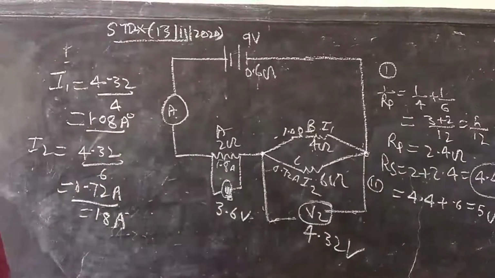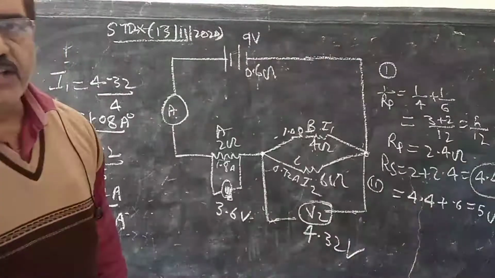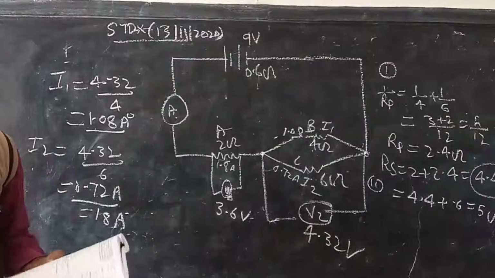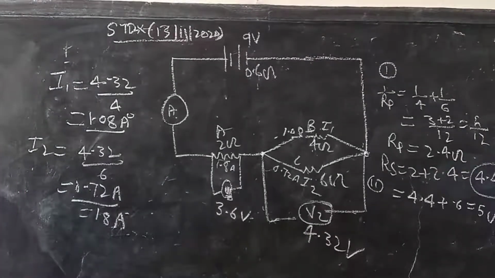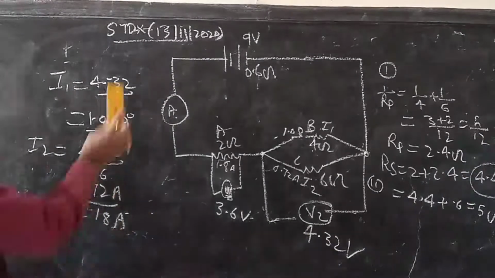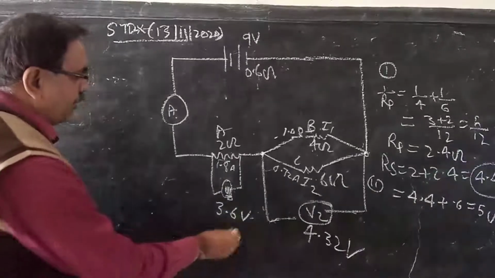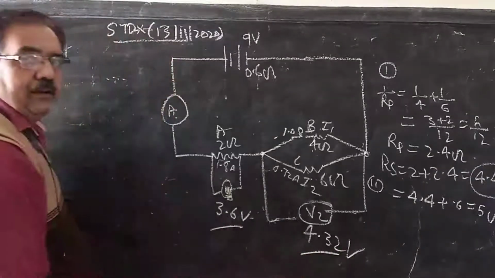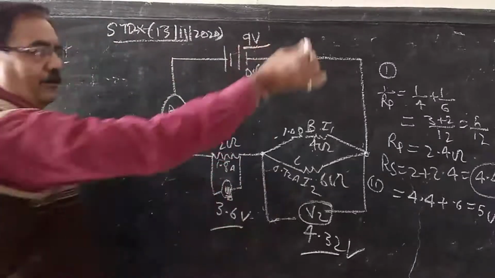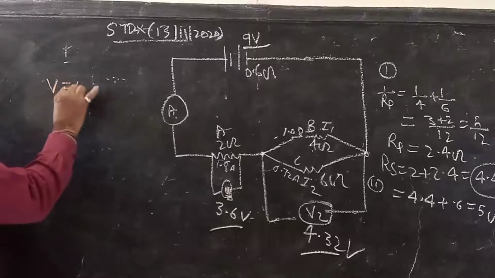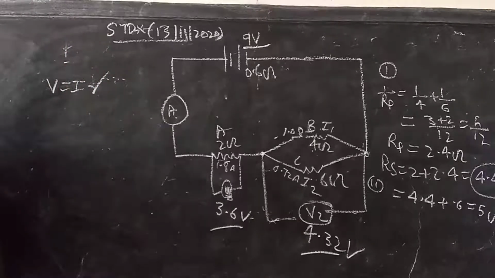Clear? Now the last question: when we use this cell, there is a drop in the potential. How can we find the drop in the potential? Either you add this value and this potential and subtract it from the 9 volt, or use V is equal to I small r.